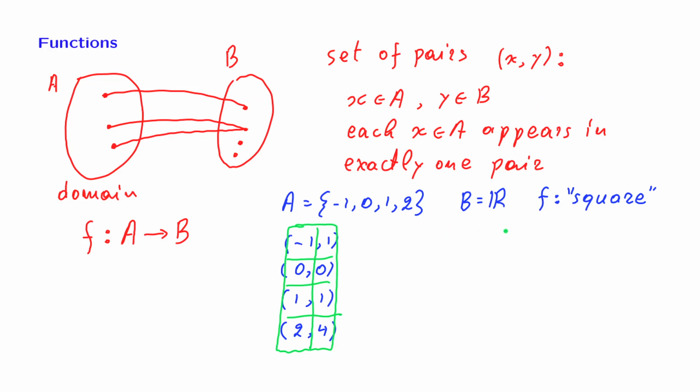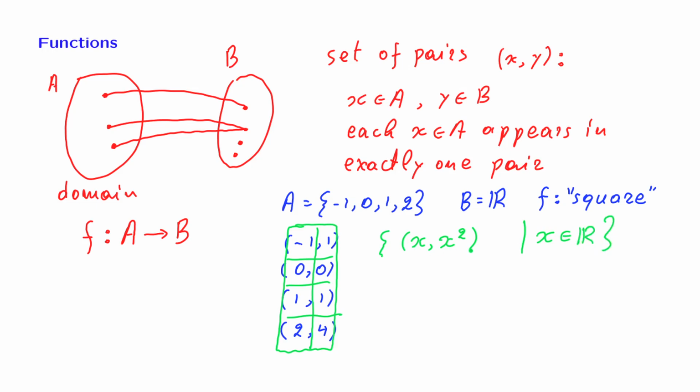For example, if you're interested in the function which is again the square function from the real numbers, the way you would specify that function abstractly would be as follows. You could write it's the set of all pairs of this form such that x is a real number.